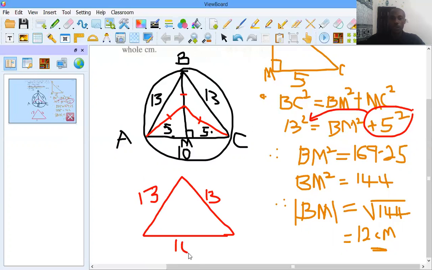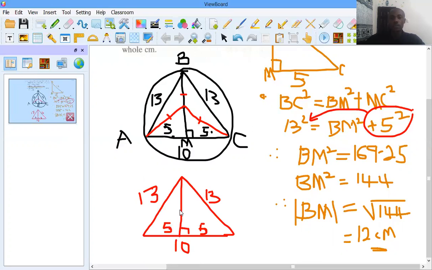And we have the vertical line, which is perpendicular, and this is 5 centimeters, and here is also 5 centimeters. I hope you're following.